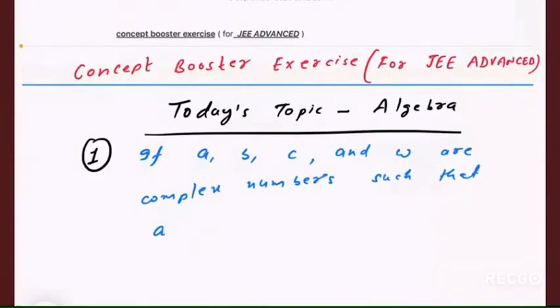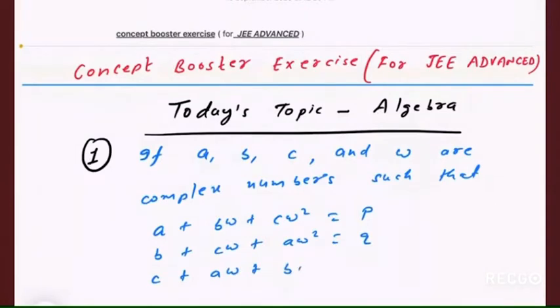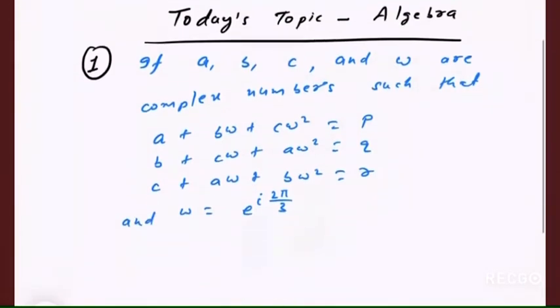The question says that if A, B, C and omega are complex numbers such that A plus B omega plus C omega square equal to P, B plus C omega plus A omega square equal to Q, and C plus A omega plus B omega square equal to R, where omega is equal to e to the power iota 2 pi by 3.